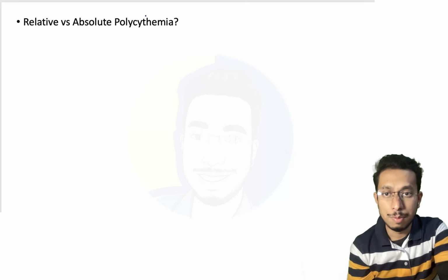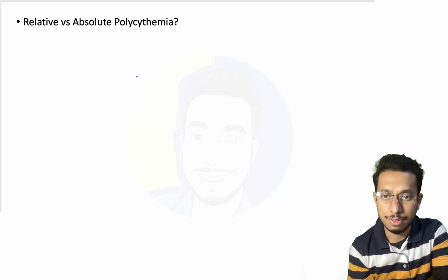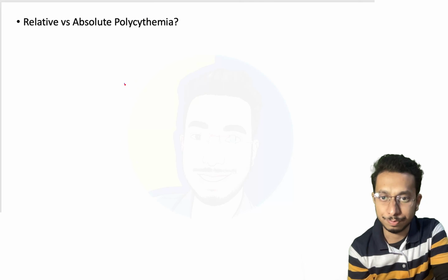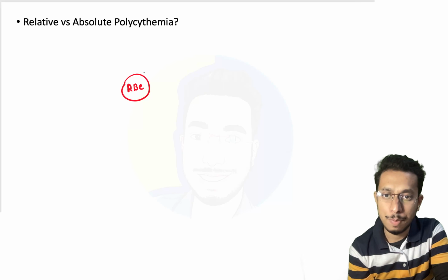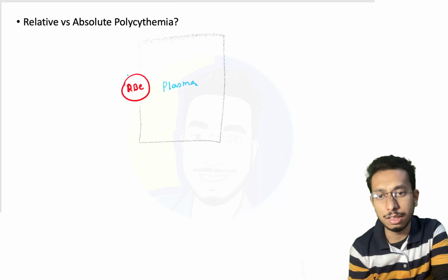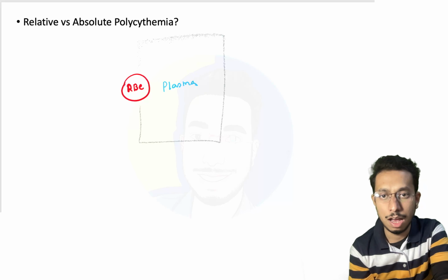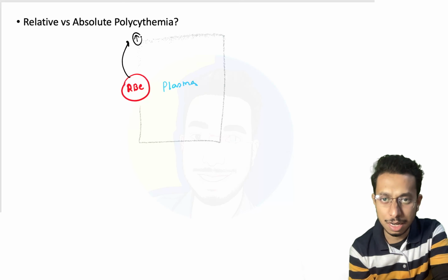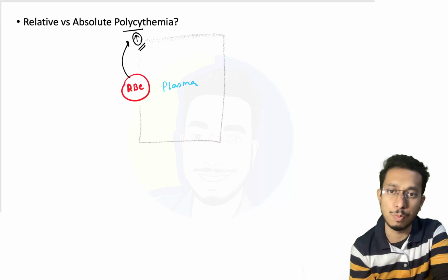So remember, our blood component has two parts. One is red blood cells and the other, apart from it, is the component of plasma. Now polycythemia has to do with the RBC component, and if red blood cells increase, it is considered to be polycythemia.